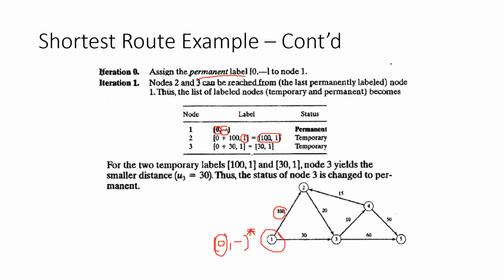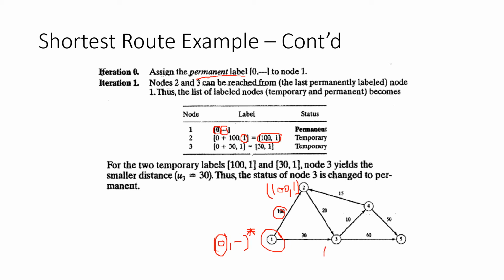That's the label that should be placed next to node 2. And again, as I said, I can write the labels next to the nodes, and this way I can write here 100, comma 1, close it. And I do not put an asterisk yet because it's not permanently labeled yet. It's a temporary label. The next node that can be reached from node 1 is node 3.